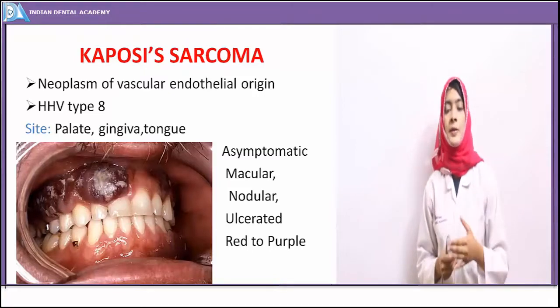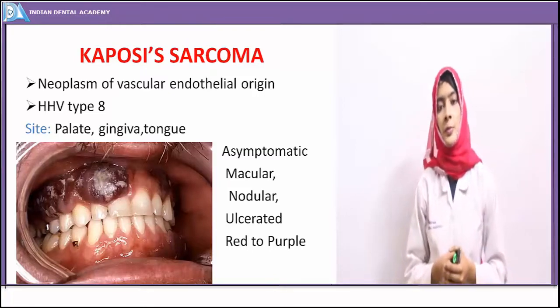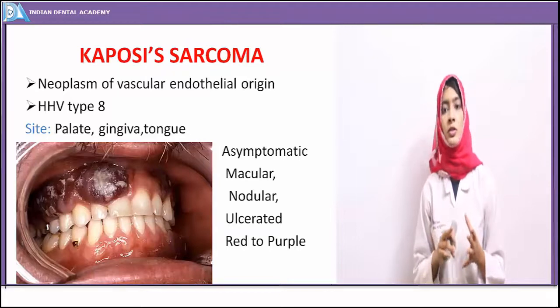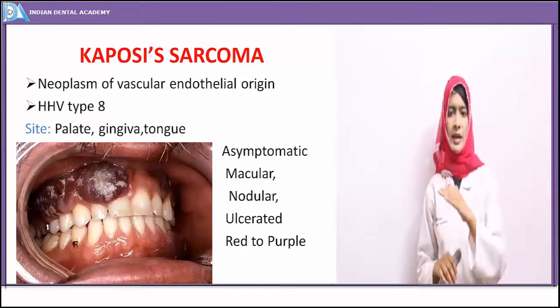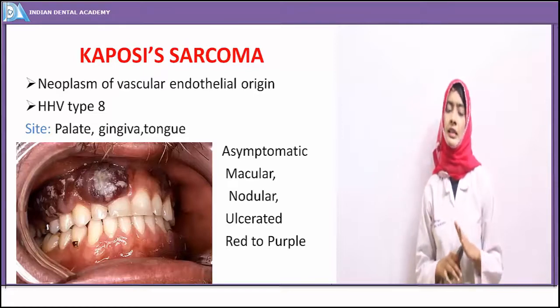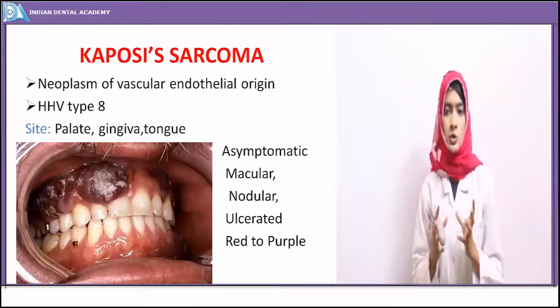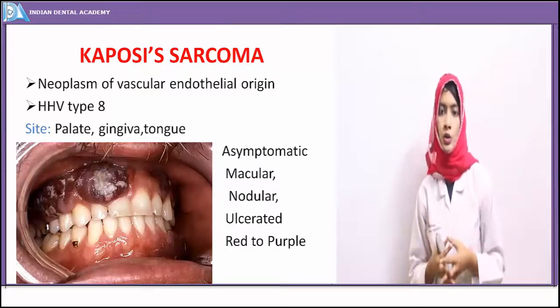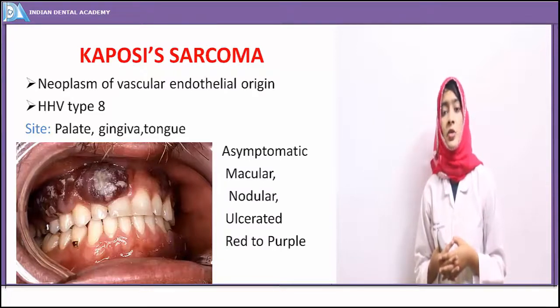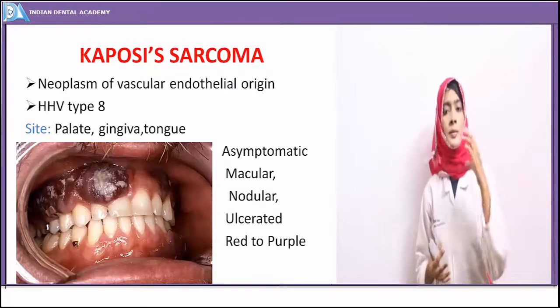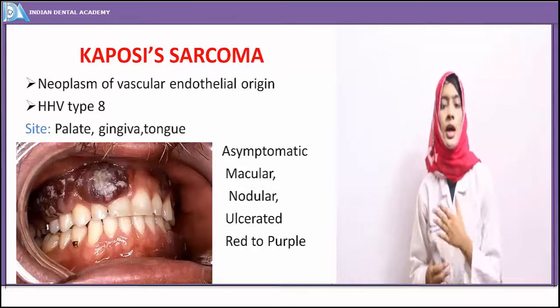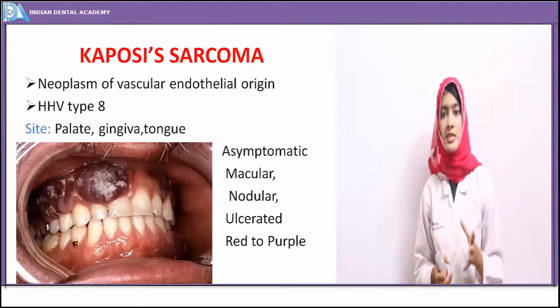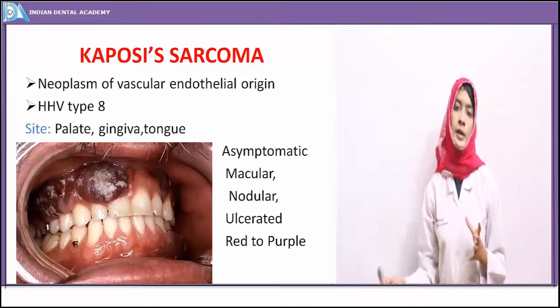So the clinical appearance of the Kaposi's sarcoma is the occurrence of nodular, ulcerated or macular lesions. It may be a macule, a flat lesion. It may be ulcerated, showing break of continuity of the epithelium, or it may be nodular in lesion. The color of the lesion varies from red to purple.